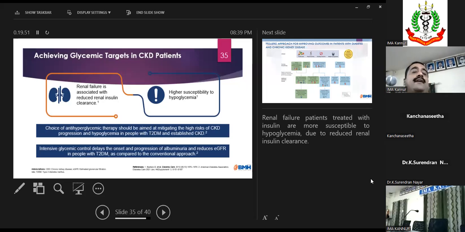So there should be a titration of the dose of insulin, and many times when the patient goes on dialysis, the endogenous insulin secretion may be enough, and we may be able to discontinue insulin in patients with advanced renal failure. So a patient who comes to you with hypoglycemia, who was on stable insulin, should always be checked for worsening renal function.